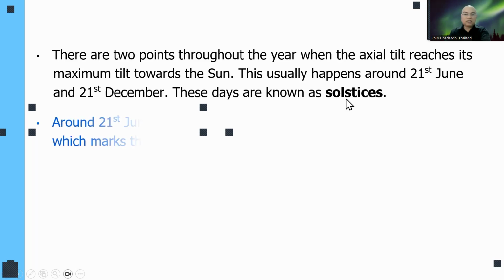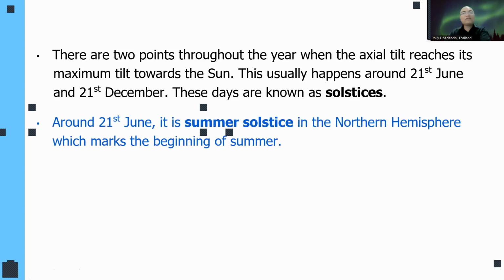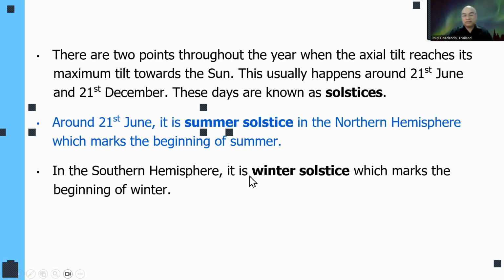Okay? Are the solstices. Around 21st of June, it is summer solstice in the northern hemisphere. It's hot time, which marks the beginning of summer. Remember? June 21st is the beginning of summer. And in the southern hemisphere, it is winter solstice, which marks the beginning of winter.